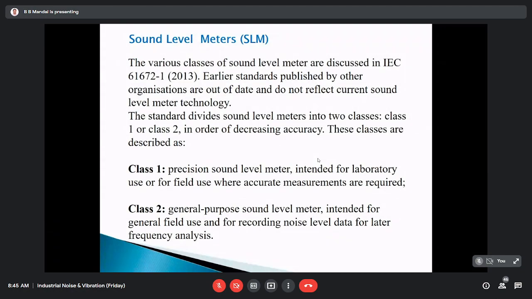Unless somebody is challenging that it is 101.2 dB, not 100 dB, why should I go for such a precision, unless it's lab work. So the class 1 meters are intended for laboratory use or field use where accurate measurements are very much required.